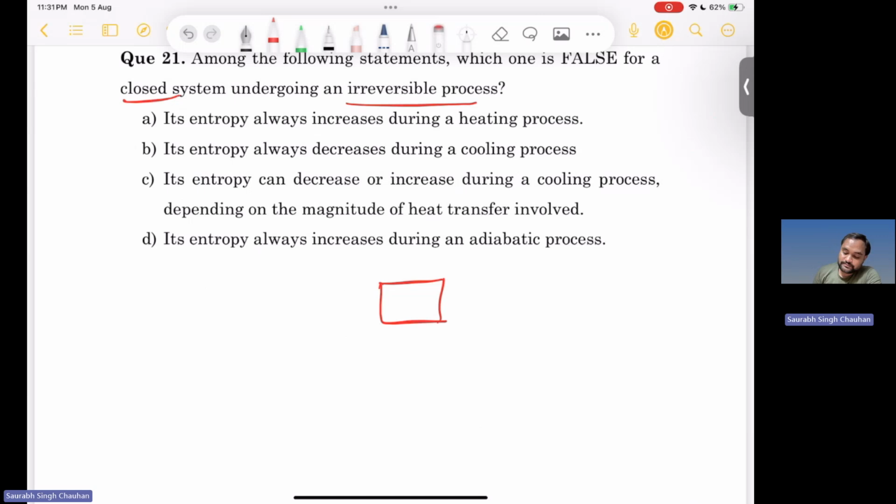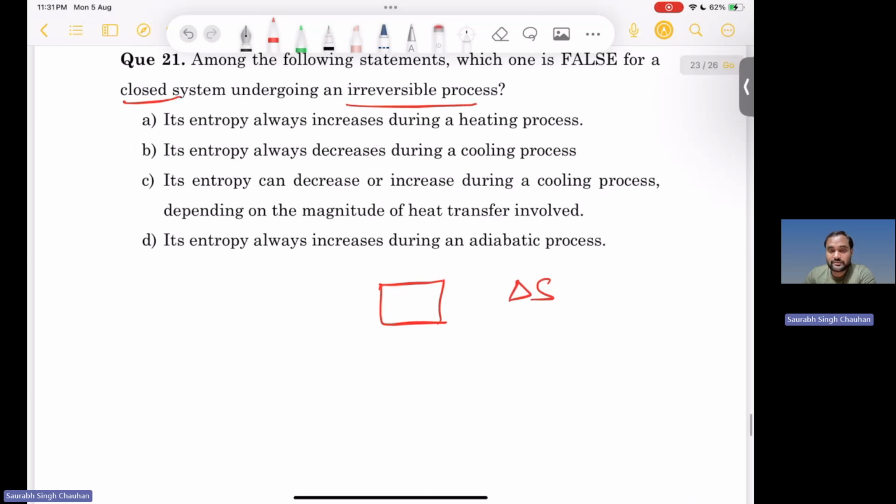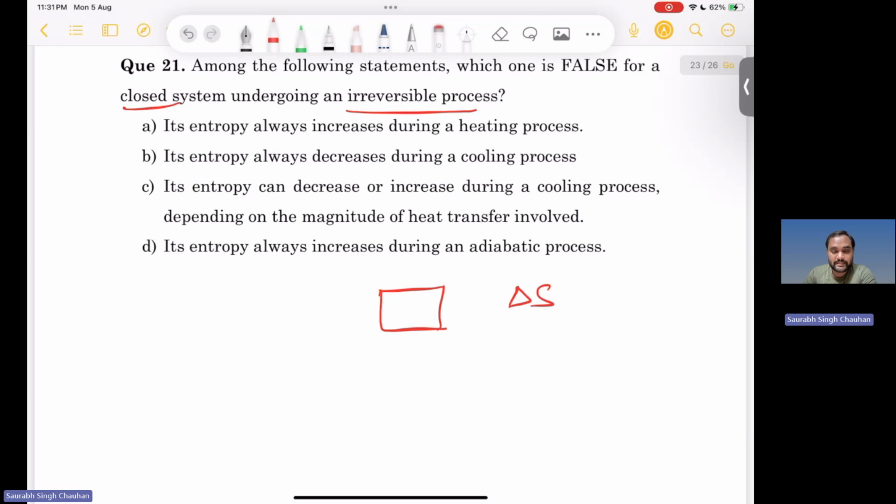This will be positive. And because there is some irreversible process going on, there will also be some entropy generation. So the sum of these two quantities, the positive heat transfer term plus the positive entropy generation, will be positive. So the entropy will increase. So the first statement is true.